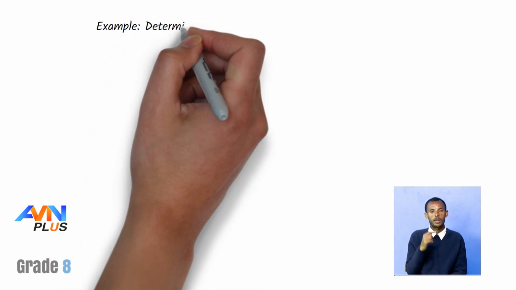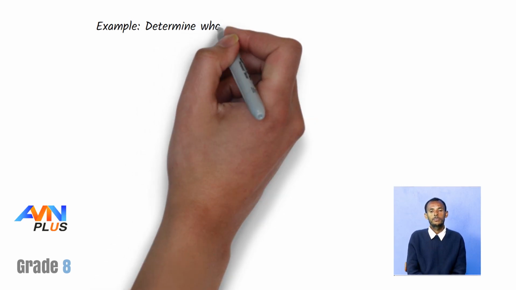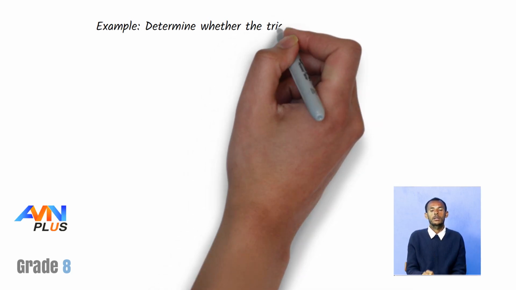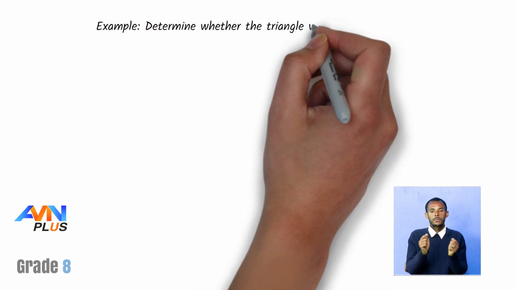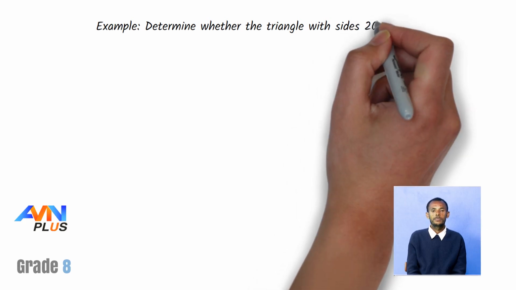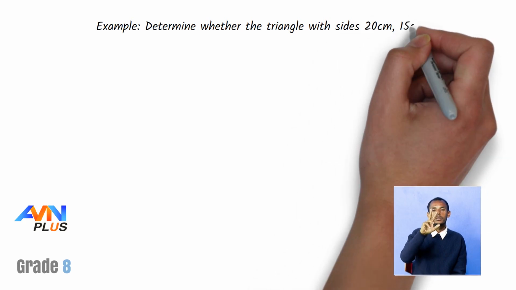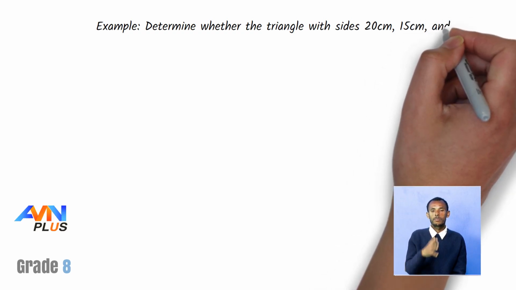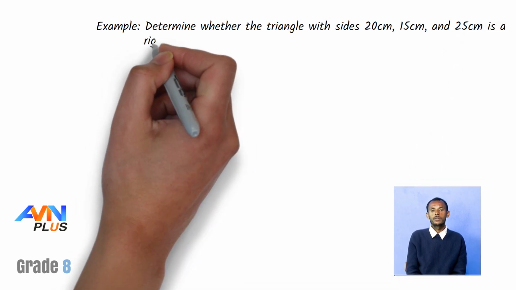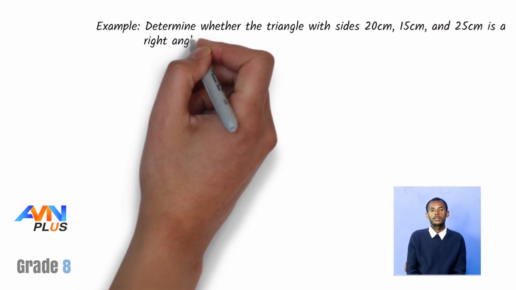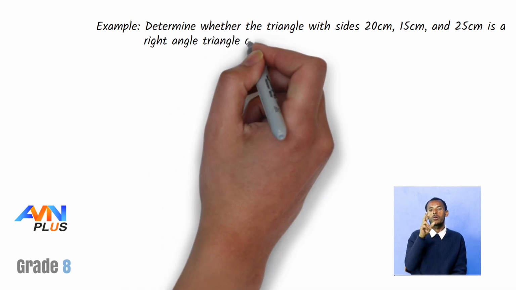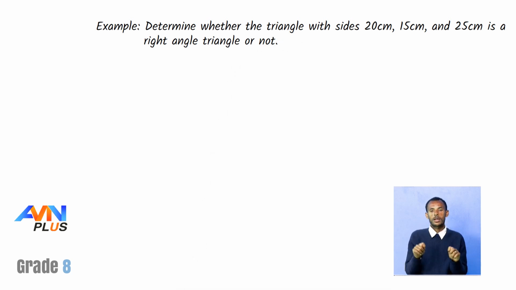Determine whether the triangle with sides 20 centimeter, 15 centimeter, and 25 centimeter is a right angle triangle or not. A right angle triangle or not.